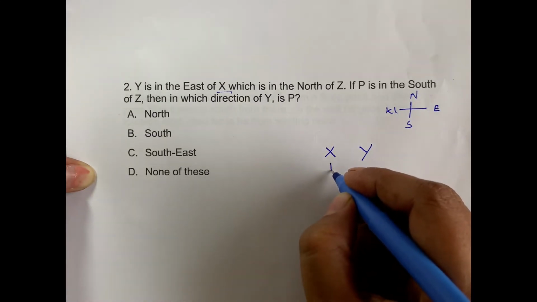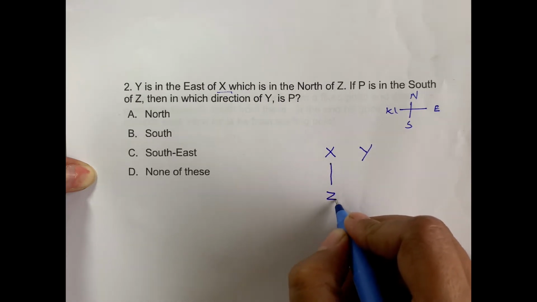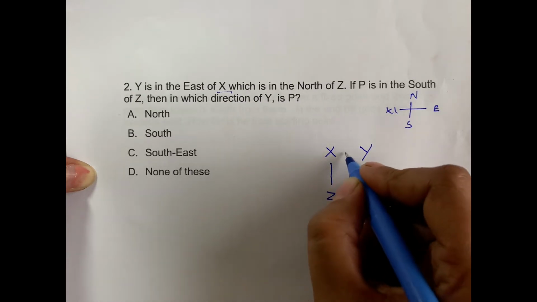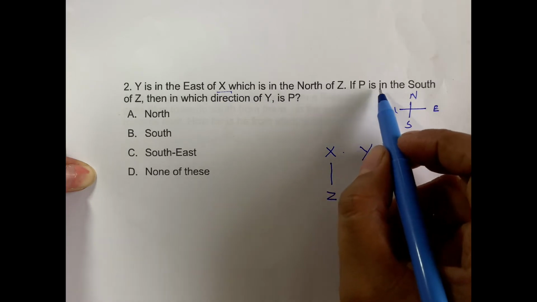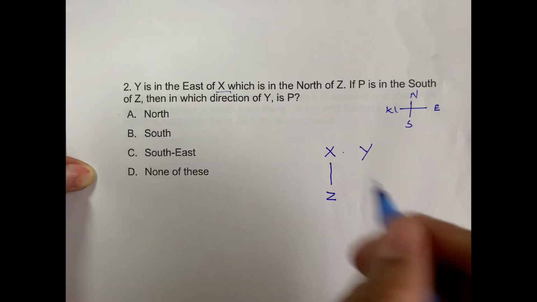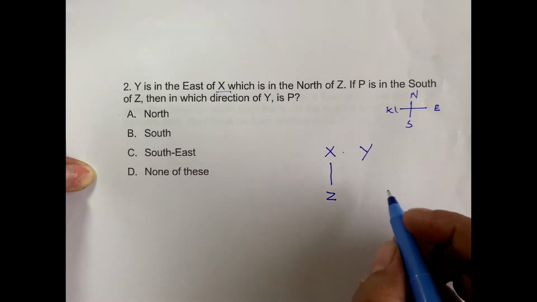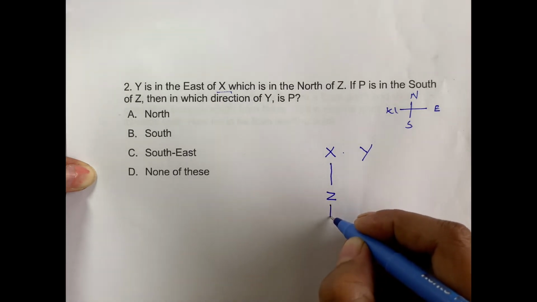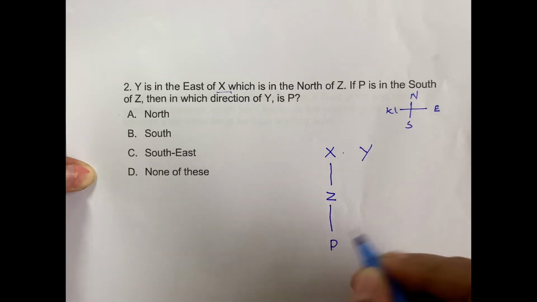So north of Z means Z should be here, then X will be in the north. Then if P is in the south of Z, it is here, below.